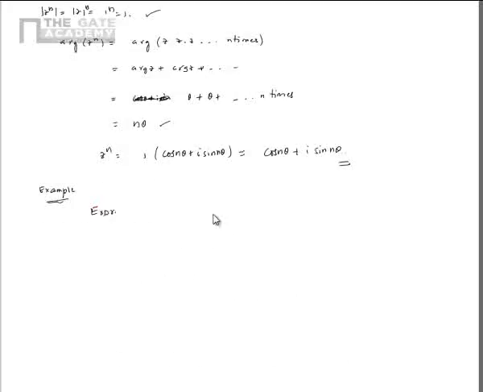Express (1 plus i) whole power 5 in a plus ib form. Okay, so for 1 plus i, we can write this in the form of r(cos theta plus i sin theta), so let's do it that way.